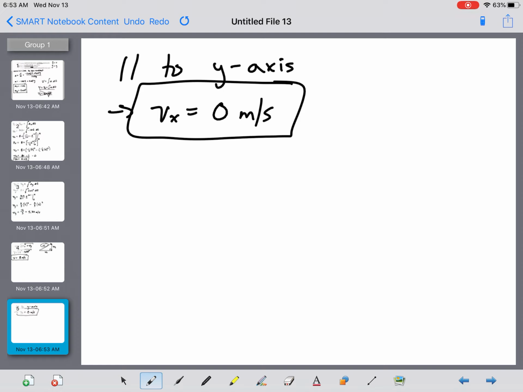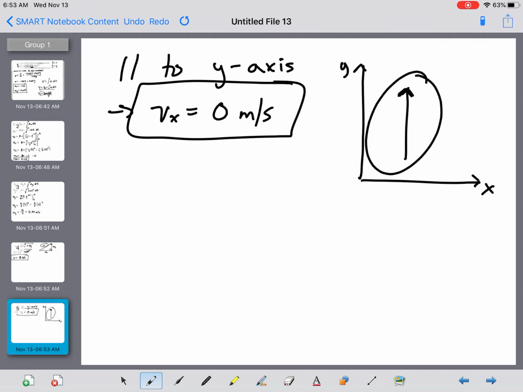This is where the x component of my velocity is 0, because at this instant, my motion is all pointed upwards. And here's my y-axis. Here's my x-axis. So I need the location where the velocity vector is pointing straight up or straight down, parallel to the y-axis.